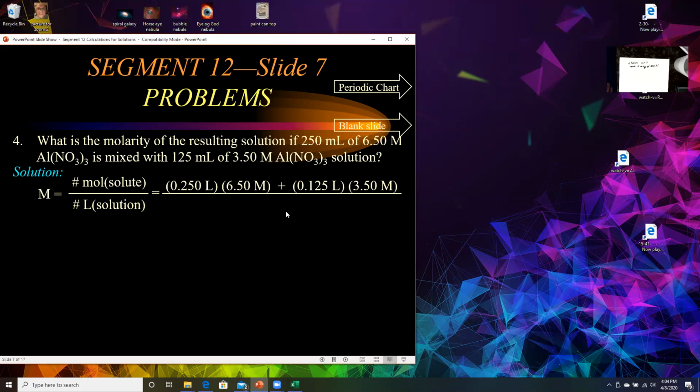Now, that is the amount of solute that's present in that solution. I got solute from the first one plus the second one. What's the volume? Well, we're going to make the approximation that the volume is the sum of the 2. I had 250 milliliters of this one, that's 0.250 liters, and I had 125, that's 0.125 liters of this one. Now all I got to do is do the math.